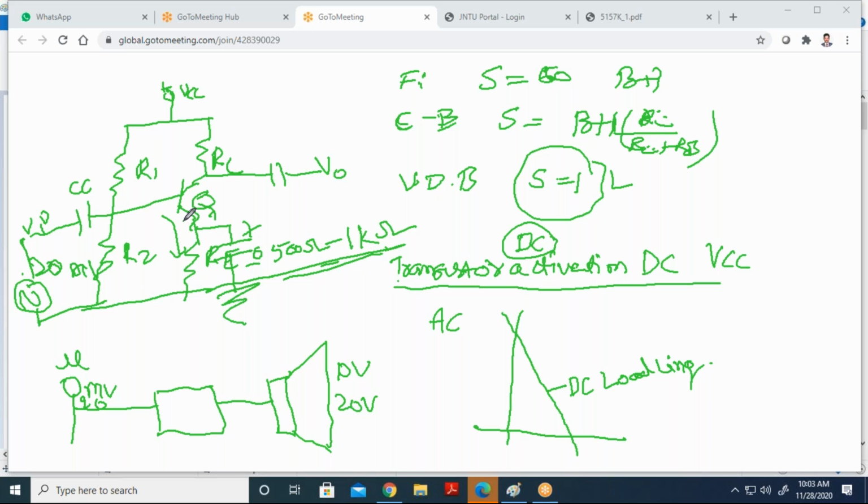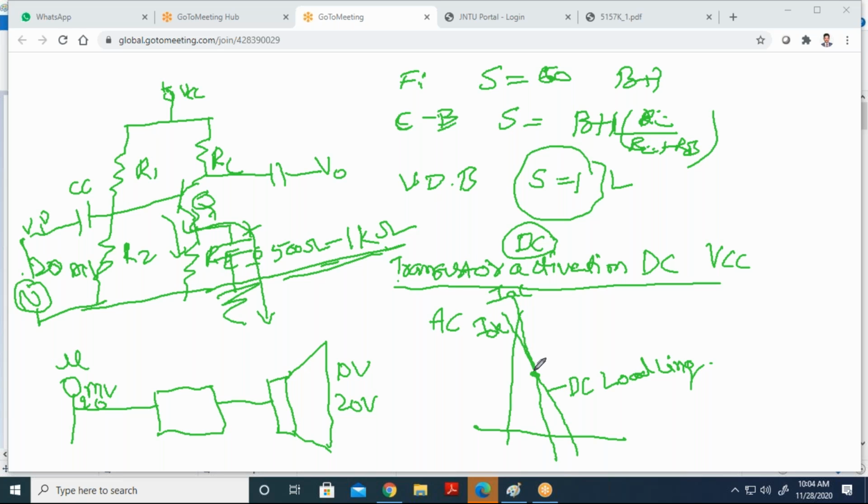Now total AC signal flows through the bypass capacitor, so the drop across the RE will be decreased. At the same time, output voltage and output current increase. This is AC current, this is the DC current. So DC is less, AC is the maximum.